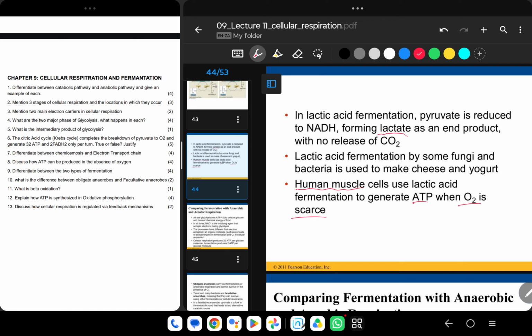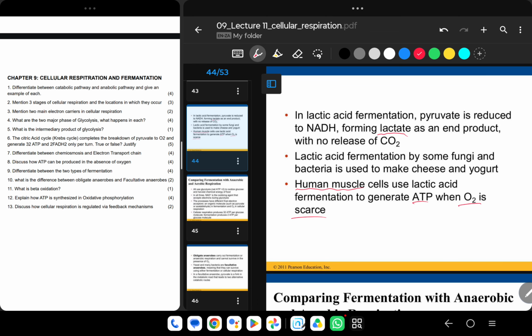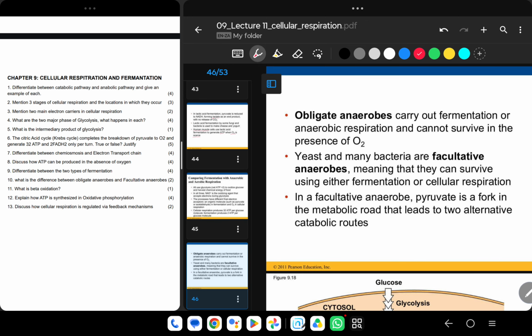Now, number 10, what is the difference between obligate anaerobes and facultative anaerobes? This question you're going to see somewhere. The questions in here are going to help you understand any question that might come under cellular respiration. So the obligate anaerobes are those anaerobes that carry out fermentation or anaerobic respiration, and they cannot survive in the presence of oxygen.